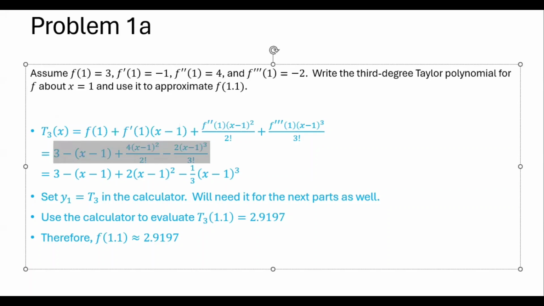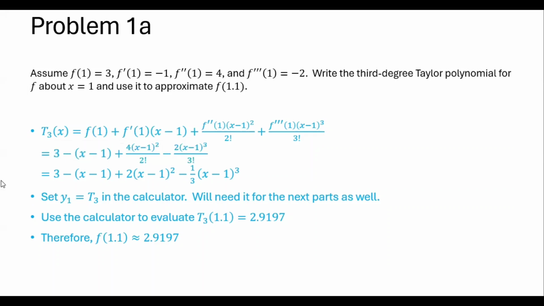You might want to put this in your calculator, or you could simplify a little bit and input this next line if you want. Both are acceptable. Of course, there's risk for error if you try to simplify, even though this is pretty easy. So I would just box this as your answer for the 3rd degree Taylor polynomial.